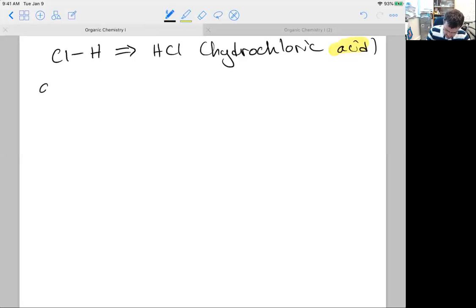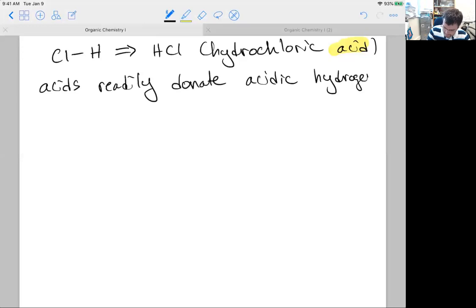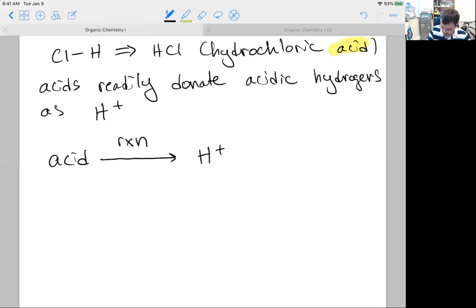Acids are a group of molecules. Acids readily donate acidic hydrogens, we've looked at that before, as H+. That is to say that we could take our acid and it will undergo a reaction to give rise to H+, and because we must balance the number of elements on either side of a chemical reaction, we form something else.